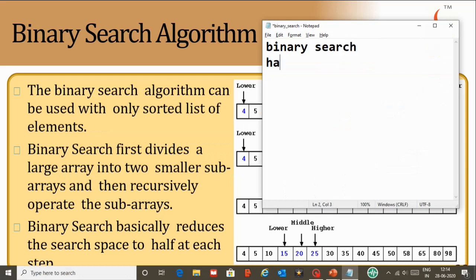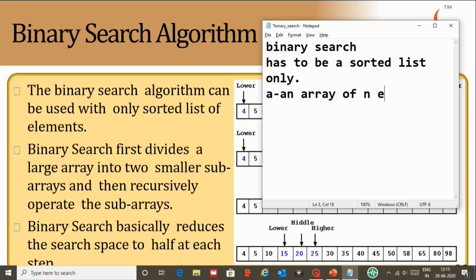Binary search, sorted list only. So the list has to be sorted only, right? It cannot be performed on an unsorted list. Let A be an array of n elements.